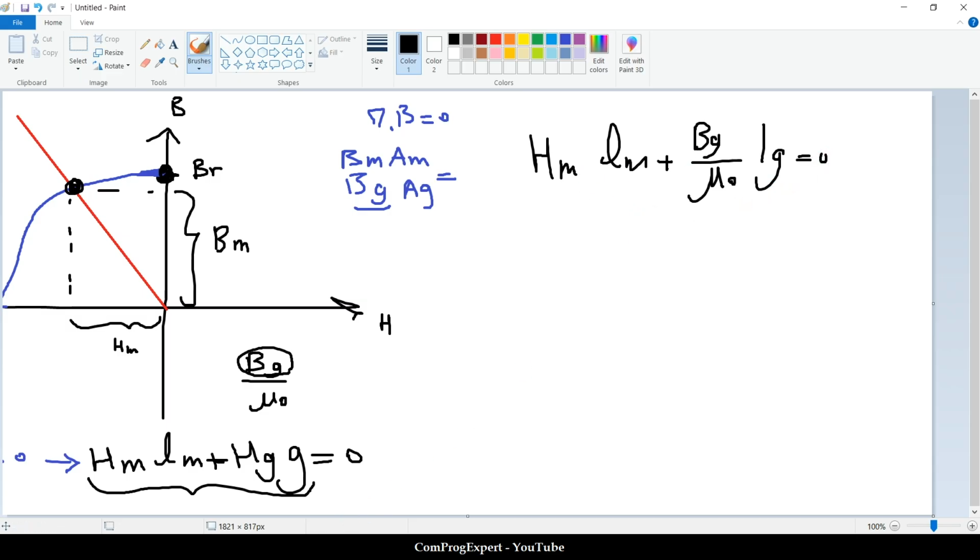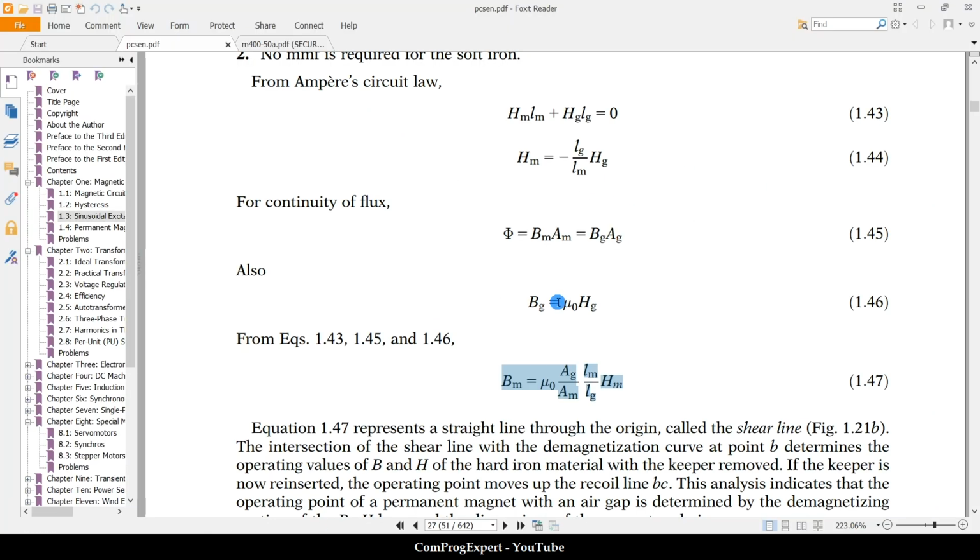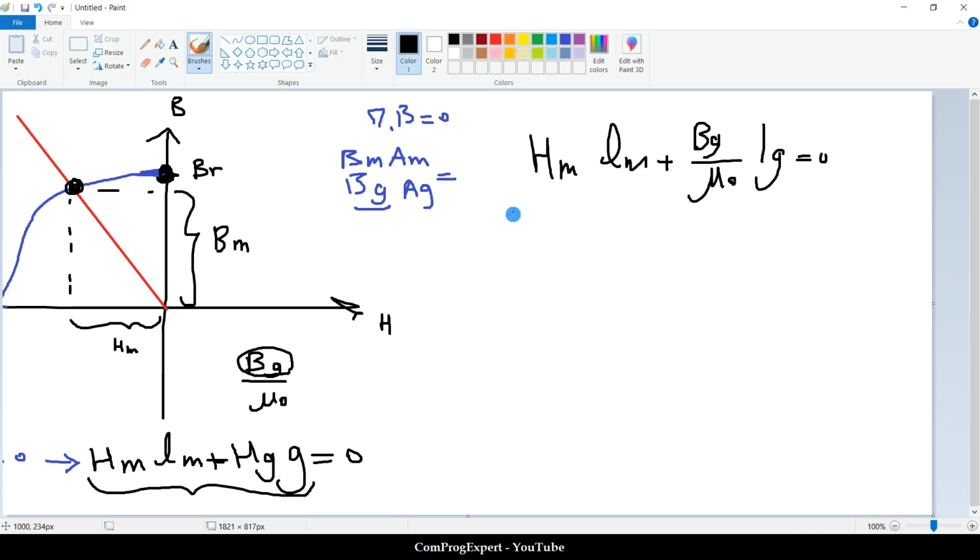Instead of B gap, we can write BM AM divided by the area of the gap, considering this.